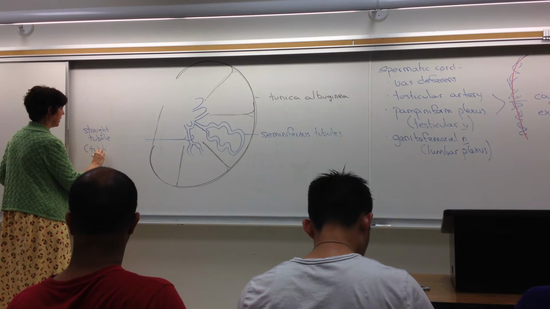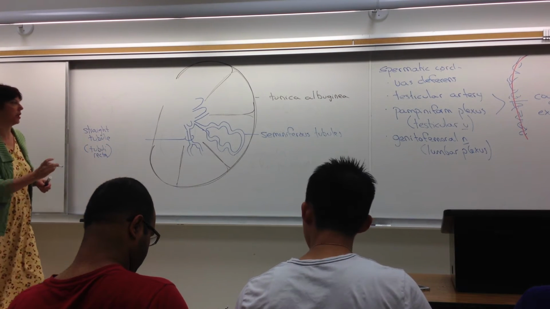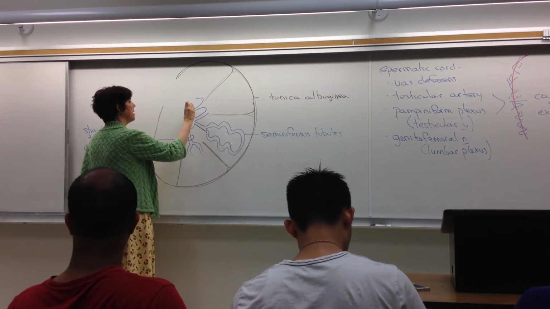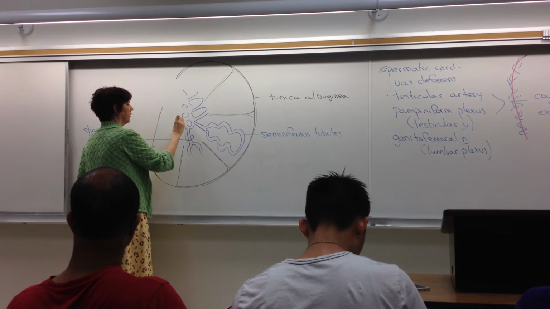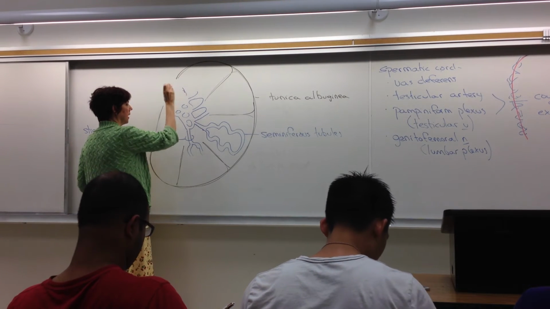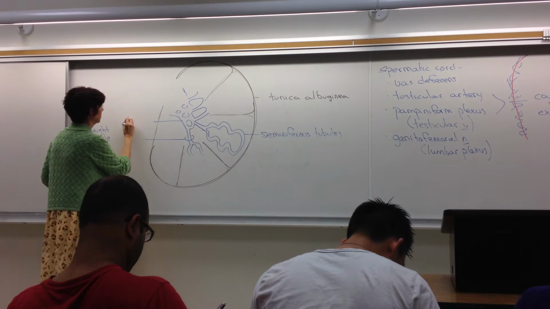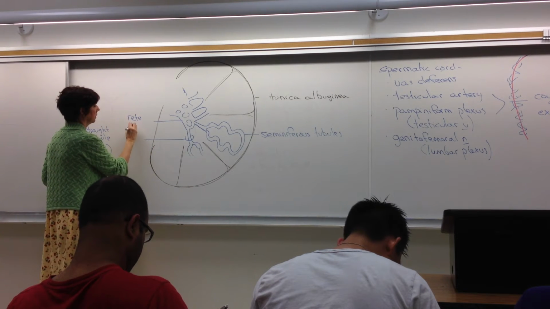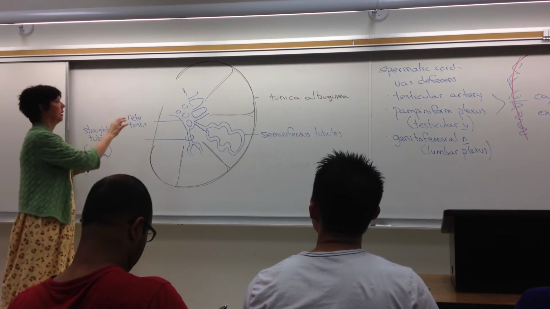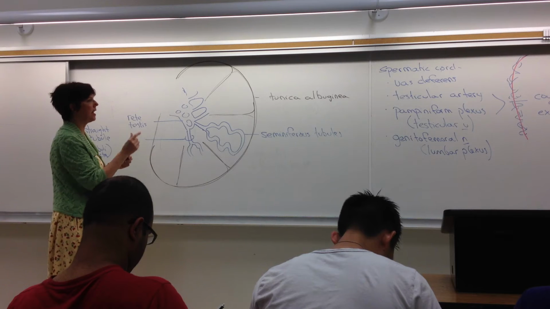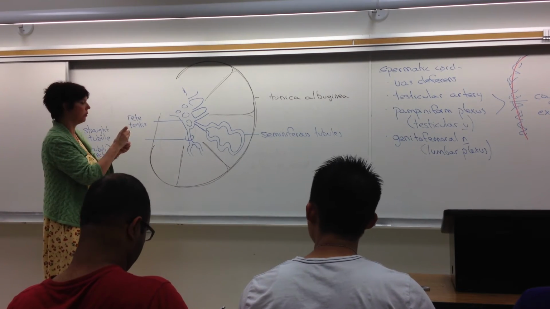Straight tubule, I believe, is in your lab manual, but you might see that terminology. And then there's a network here in the center where they form several channels. And this network is known as the rete testis. And then finally, remember I said that the mesonephric duct forms efferent ductules.